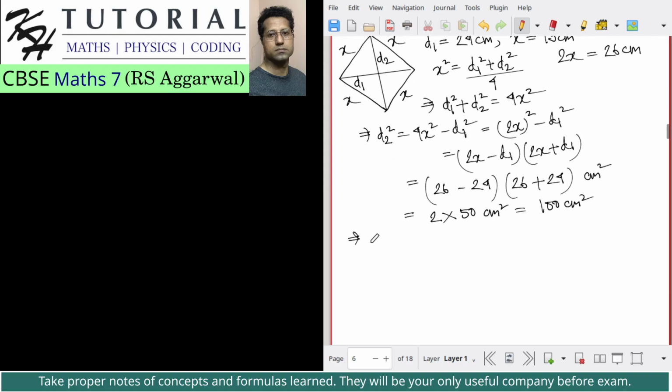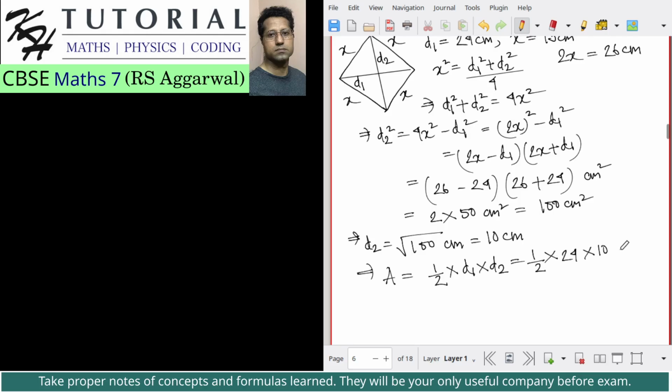So this implies d2 is equal to square root of 100 centimeter, which is 10 centimeter. So now the area of a rhombus we know is half into product of the diagonals. So half multiplied by d1 multiplied by d2. This is half multiplied by 24 and 10 centimeter square. This is equal to 120 centimeter square.